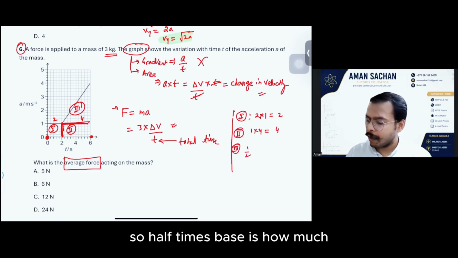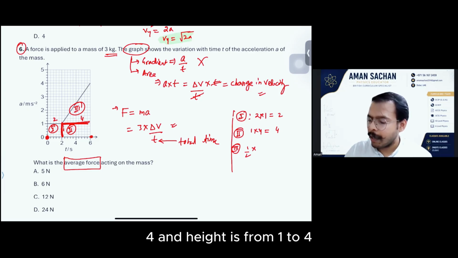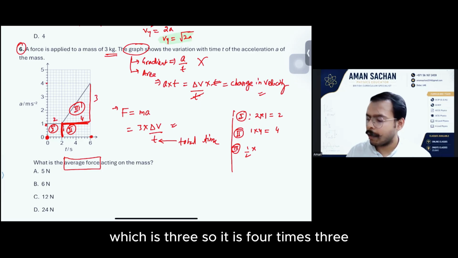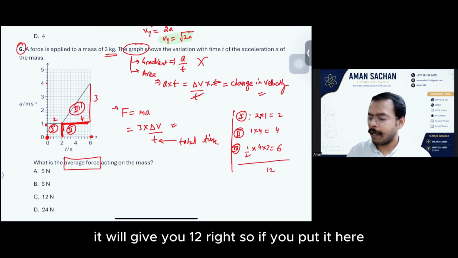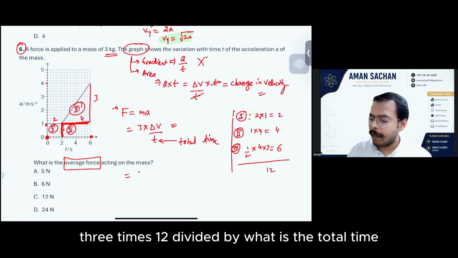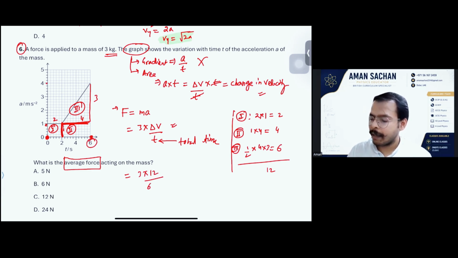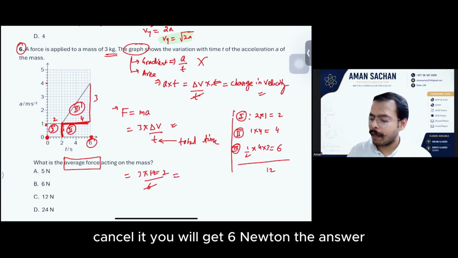Half times base is how much? 4, and height is from 1 to 4, which is 3. So it is half times 4 times 3, which is 6. If you calculate the total, it will give you 12, right? So if you put it here, 3 times 12 divided by, what is the total time? 6 seconds. Cancel it, you will get 6 Newton, the answer.